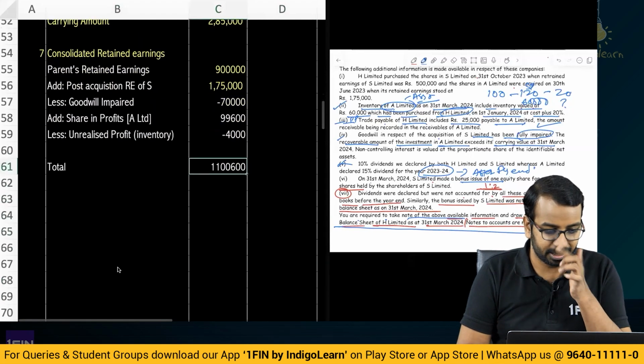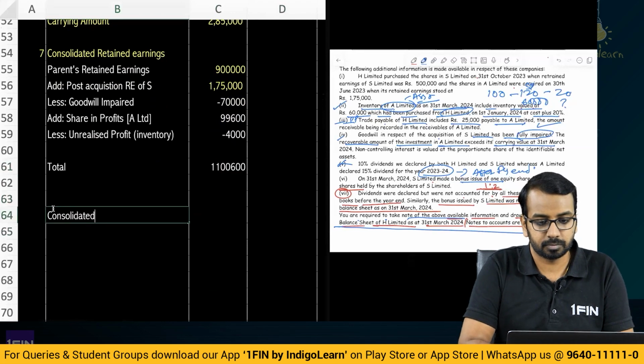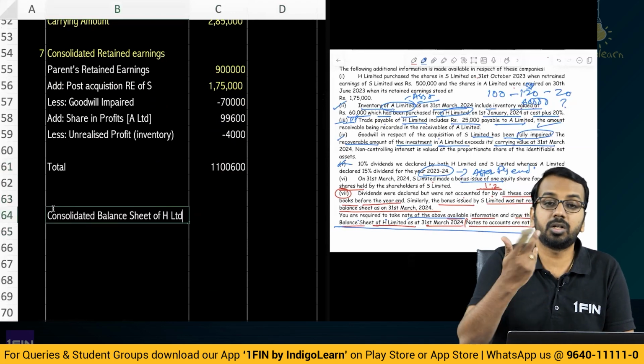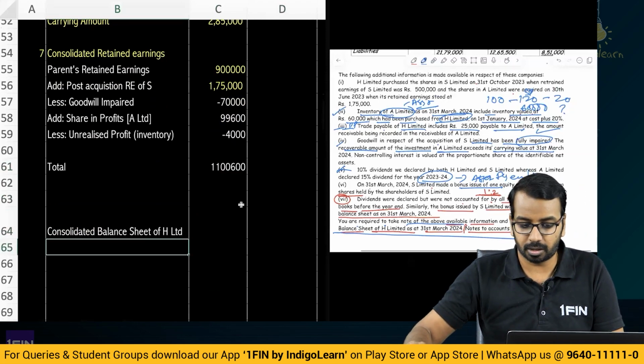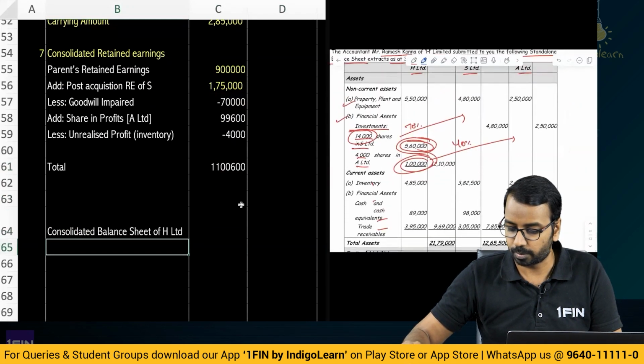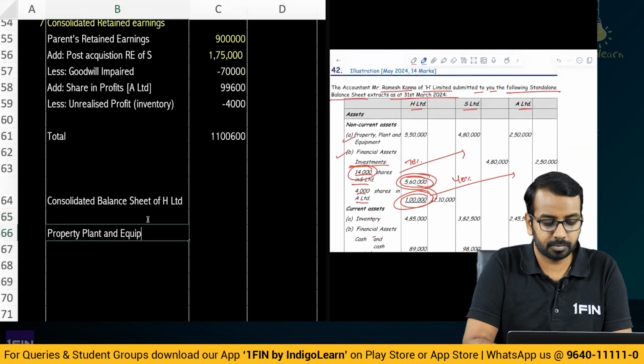Now with this understanding, let us prepare the consolidated balance sheet of H Limited, incorporating the subsidiary and the associate. So what we will do, we will just look at the question and plot the numbers one by one. Property, plant and equipment.